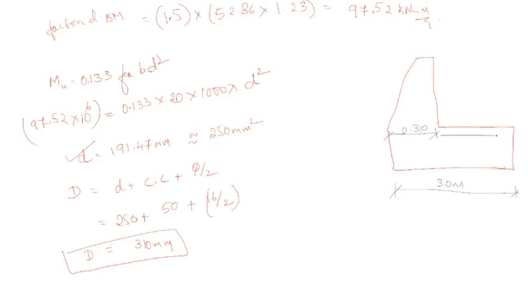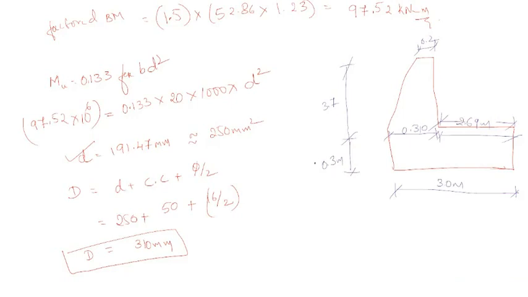Therefore, what is the length of the heel? Means 3 minus 0.3, it will be 2.69 meter. Okay, and this distance was 0.2, this one was 3.7, and here we have got 0.3. So we have got all the dimensions. Then what do you do? We will go for load calculations.